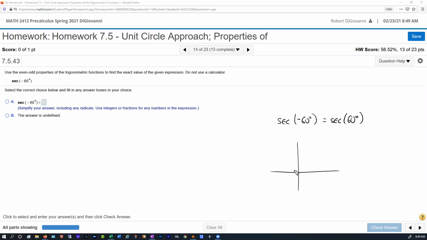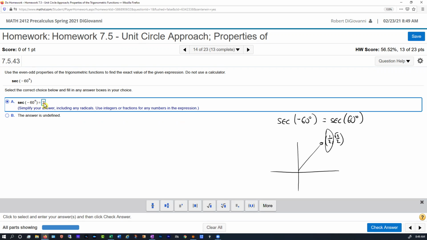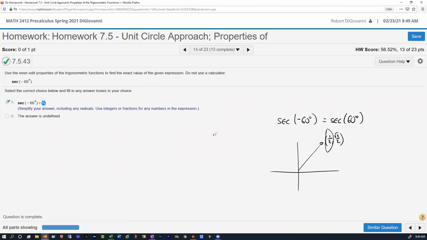So I go to 60, and that's going to be 1/2, √3 over 2. So secant, remember, is the reciprocal of cosine. So cosine is the x-coordinate. So secant of 60 should be 1/2 flipped over, which is 2. And that should be the same as secant of negative 60 because it is an even function.